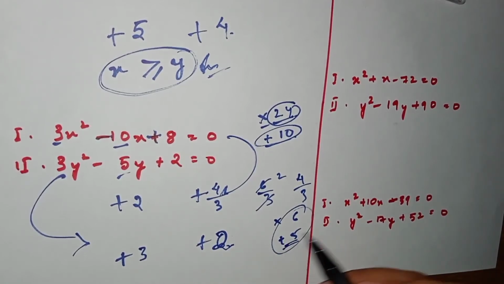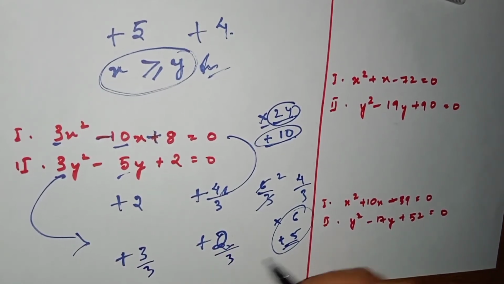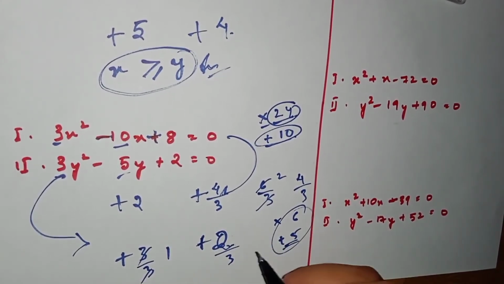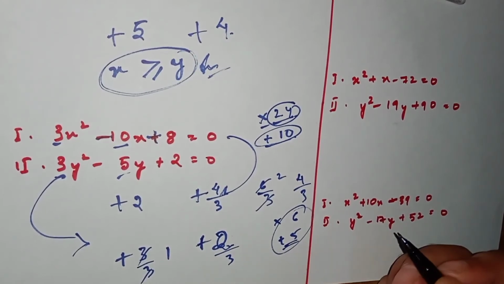But there is coefficient 3, so we divide by 3. So we get the roots: plus 1 and plus 2 by 3.